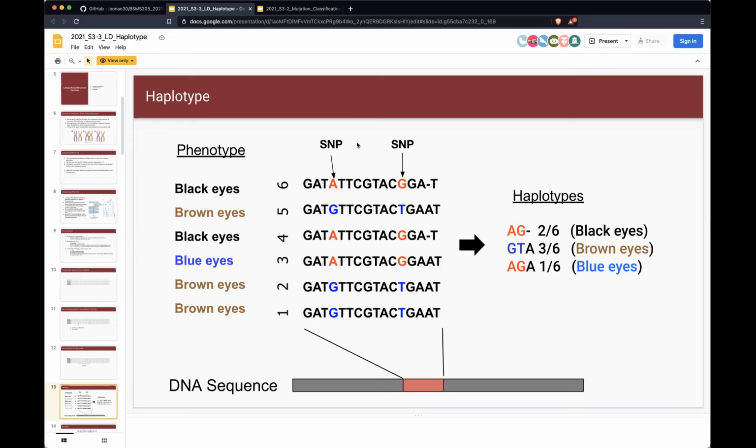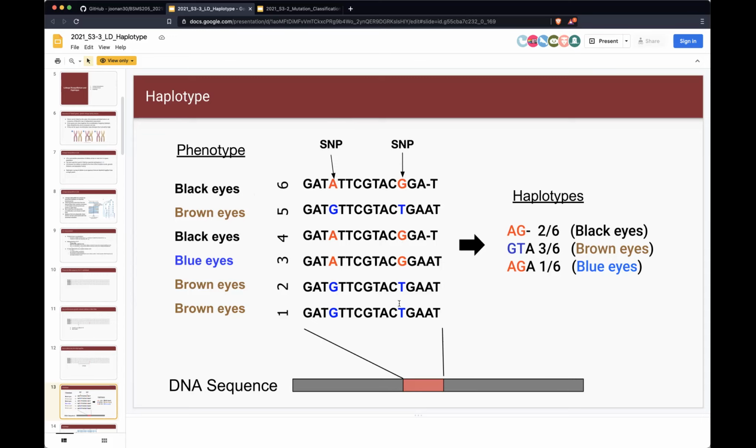So if you look at 2 SNPs here, so 2 alleles, two loci here, then you can say that this person, individual 6, has black eyes, has the A SNP on this position, and this person has the G on this position. Black eye A, blue eye A, and brown eye G and G, right? And then this person has the G on the second SNP and T: G, G, T, T, right?